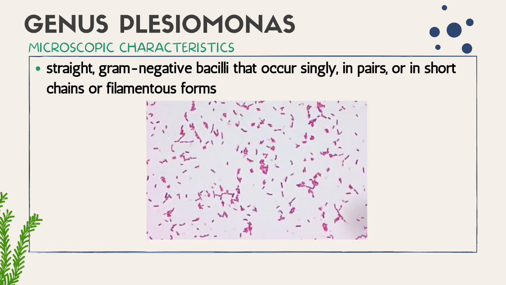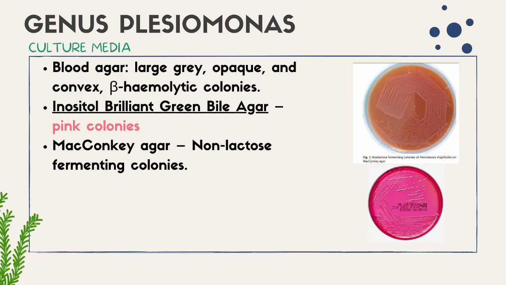In gram stain, for Plesiomonas shigelloides, there is not much clinical significance. It is just the same gram-negative bacilli, and it may occur singly, in pairs, in short chains, or in filamentous forms. There is no clinical significance or hallmark for us to identify that this is a particular Plesiomonas shigelloides species. For culture media or cultivation of Plesiomonas shigelloides, there is not much detailed information given in the book or in any sources in our textbooks.